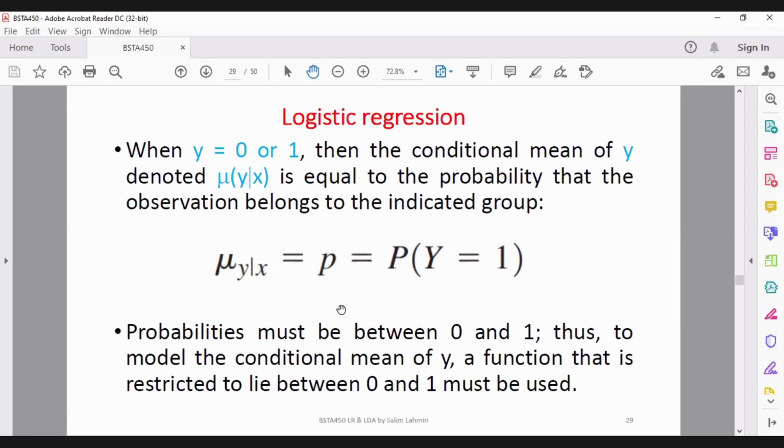So to force p to be between 0 and 1, we need to force a specific equation such that the resultant probability is always between 0 and 1.